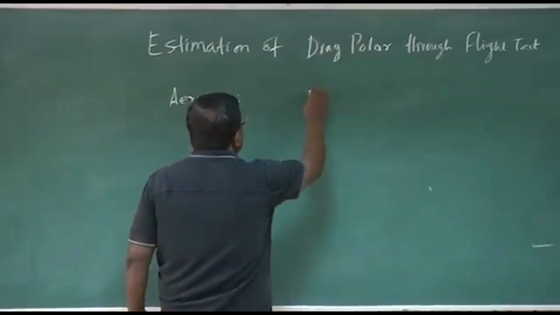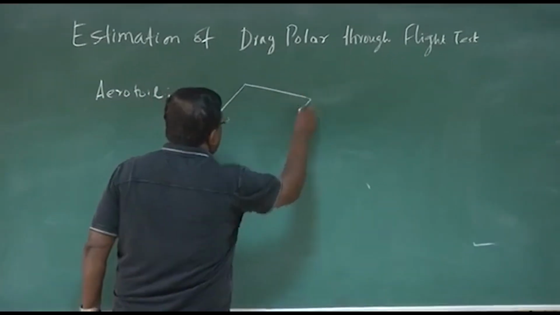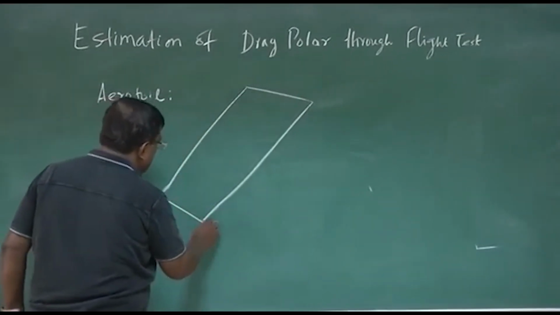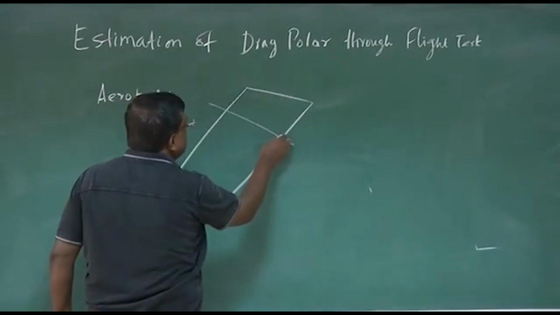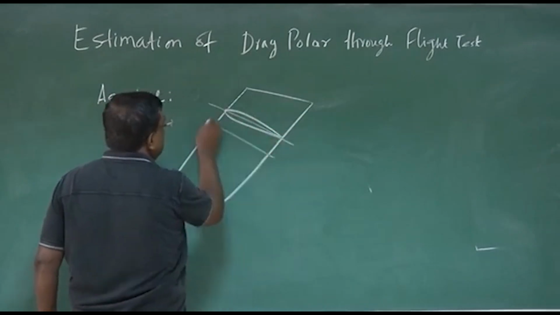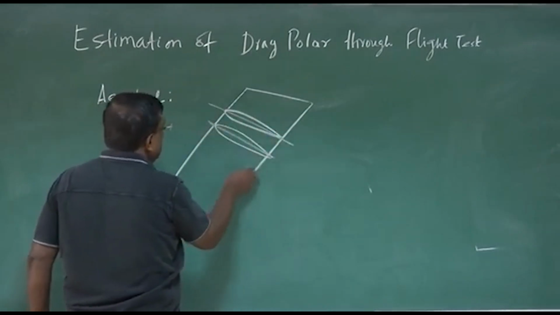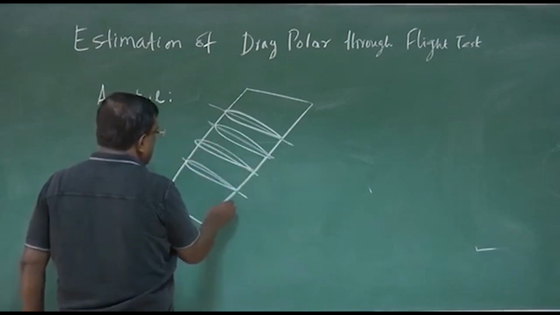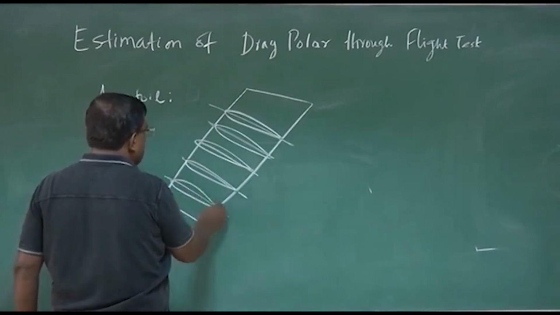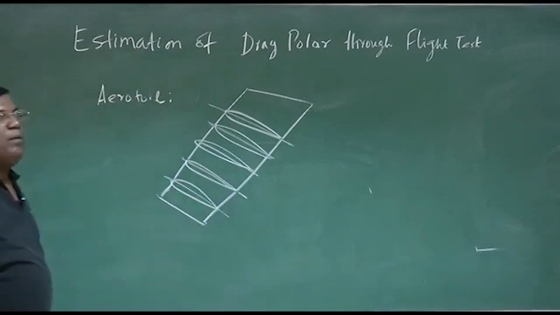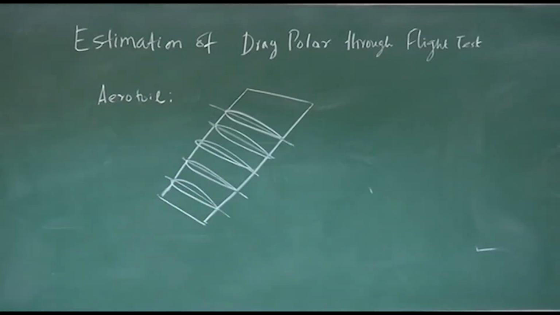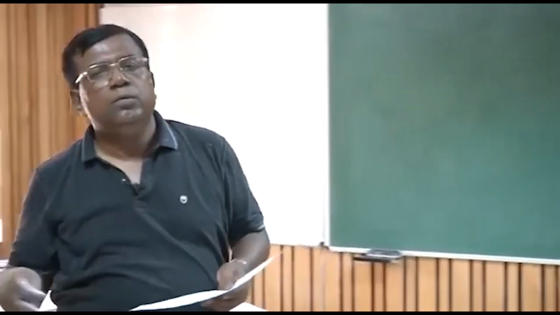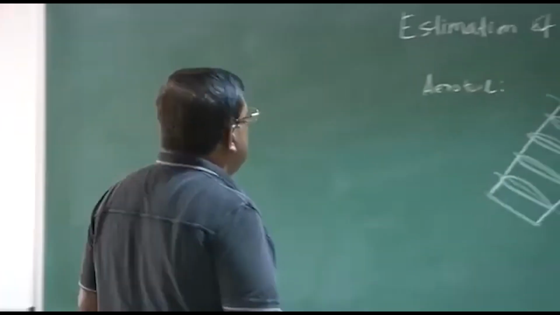And wings are composed of, if you take any cross section, you will get the aerofoil shape. Please also understand that it's not necessary that the same aerofoil will be used at every location along the span of the wing. We will try to know, if time permits, how do I decide where do I put what type of aerofoil.